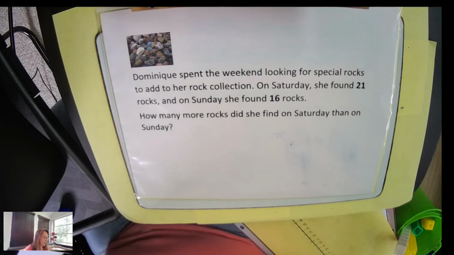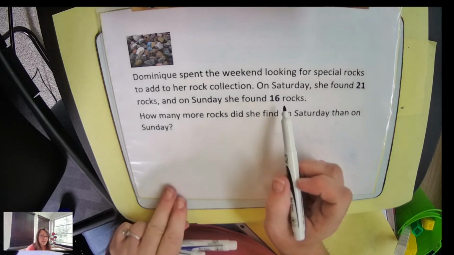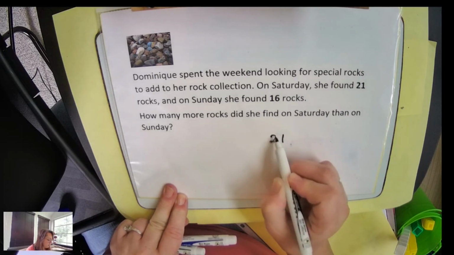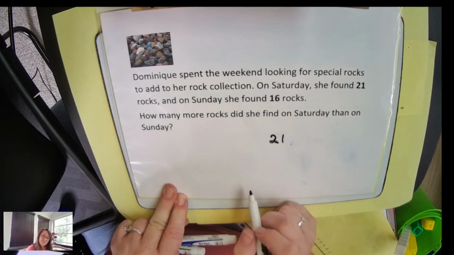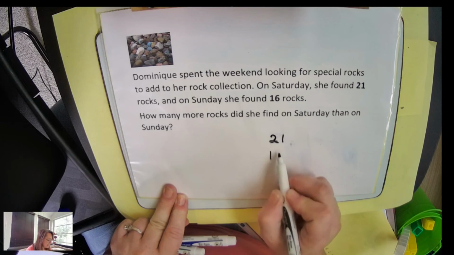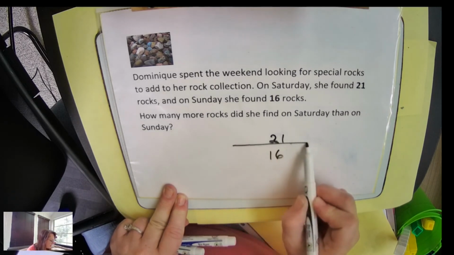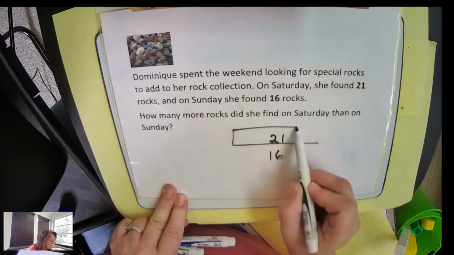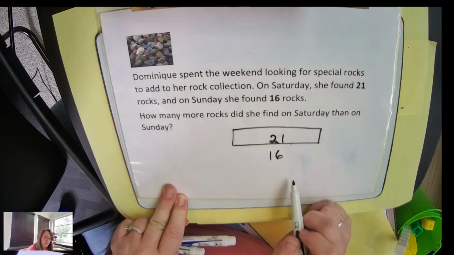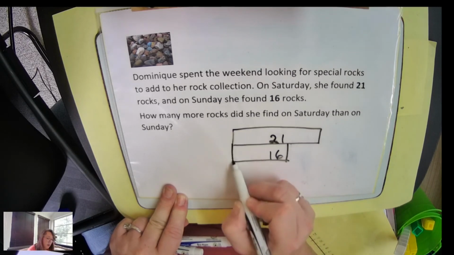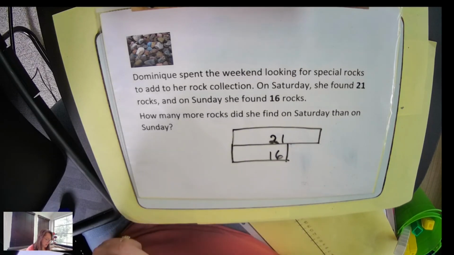Okay, we know that on Saturday she found 21 rocks, and that on Sunday she found 16 rocks. So 21 is our larger number, and 16 is our smaller number.